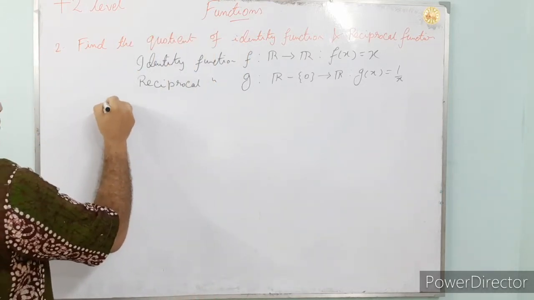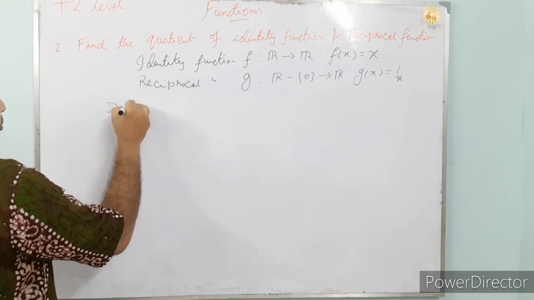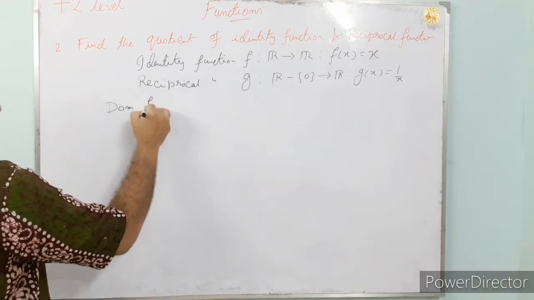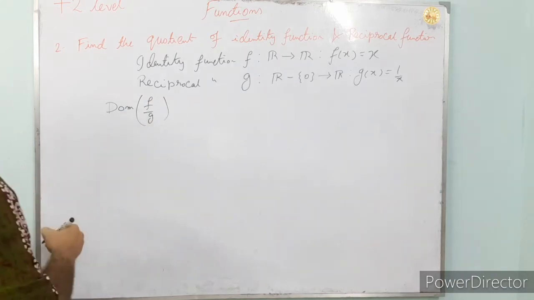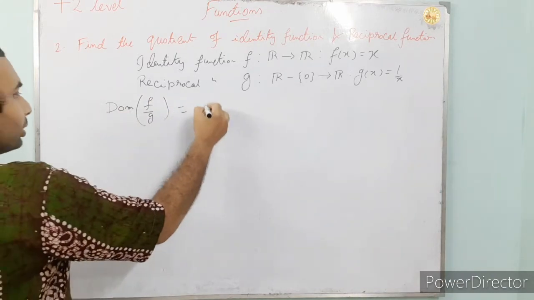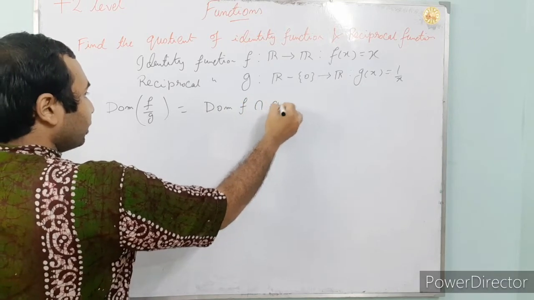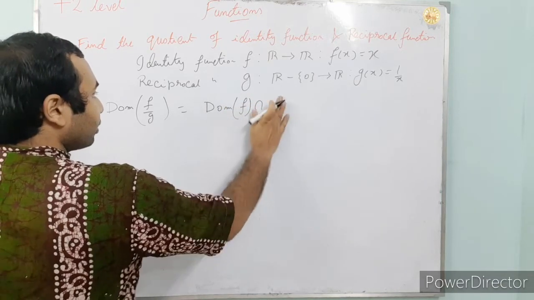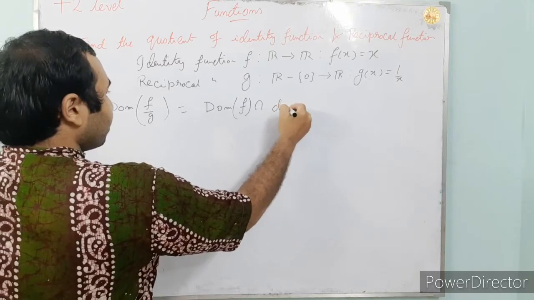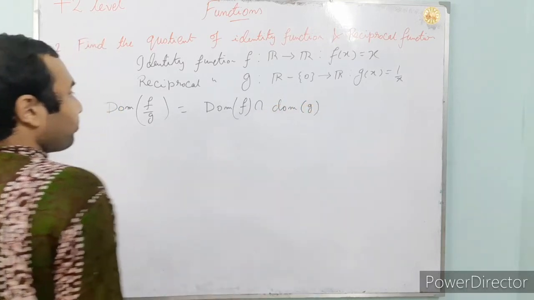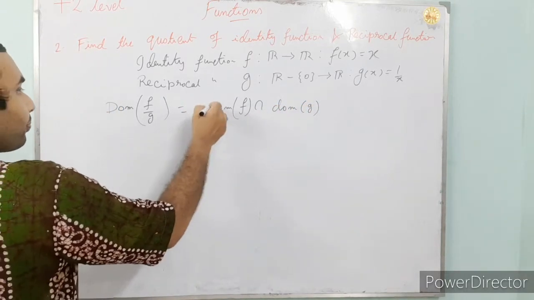Quotient means, I am writing directly, domain of f by g. This is the quotient. So that means the domain of f intersection domain of g.